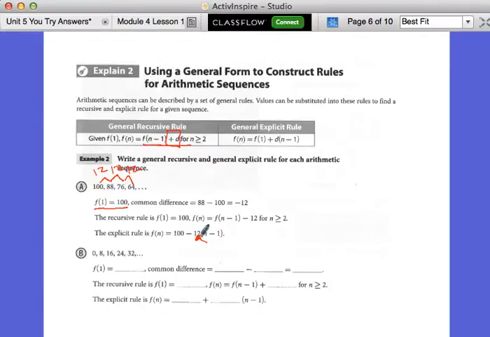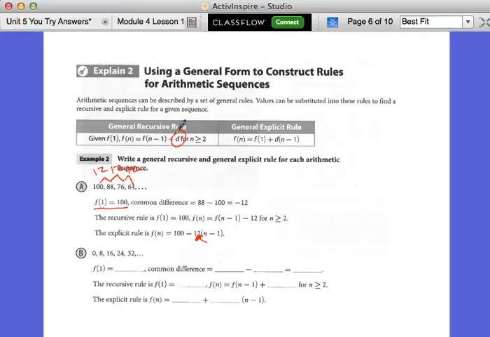So I know that my general rule is that f of n minus 12 is equal to f of n. Right? So here is my general rule, and I'm just plugging in for d.